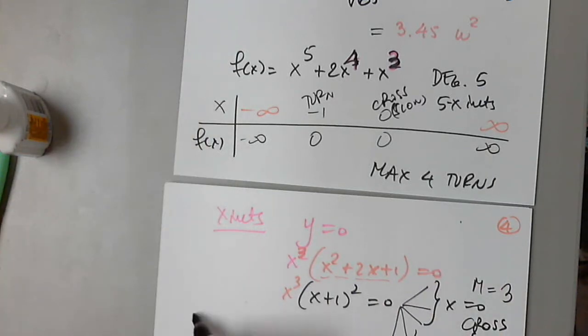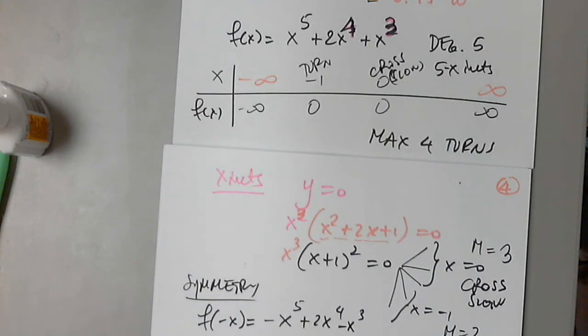Final step, symmetry. Please watch all the videos several times because just one problem or even two is not going to be enough. Okay, symmetry. I have to find f of negative x, which will be negative x to the fifth plus 2x to the fourth minus x cubed.